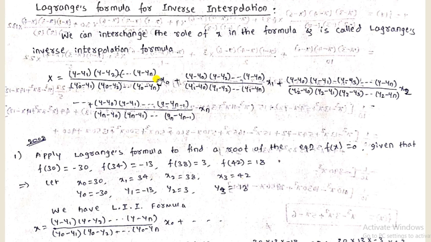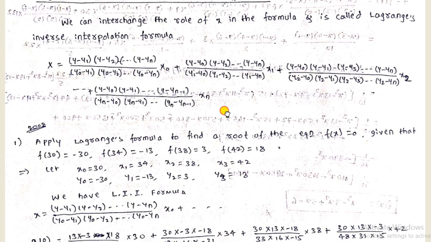This gives Lagrange's inverse interpolation formula. So when the value of y is given in the problem, we have to apply the inverse formula. If the value of x is given in the problem, then you use Lagrange's interpolation formula.